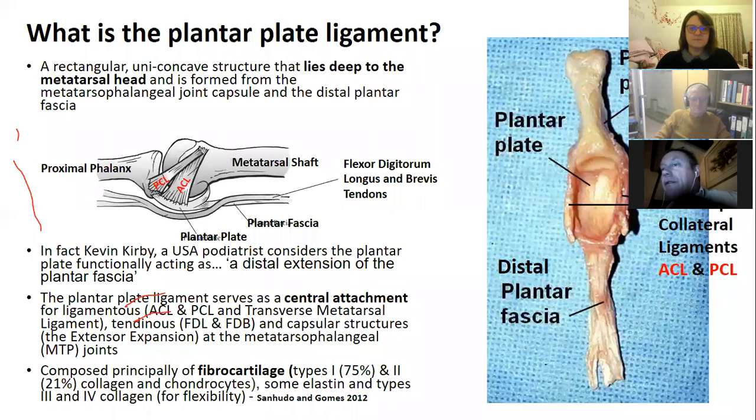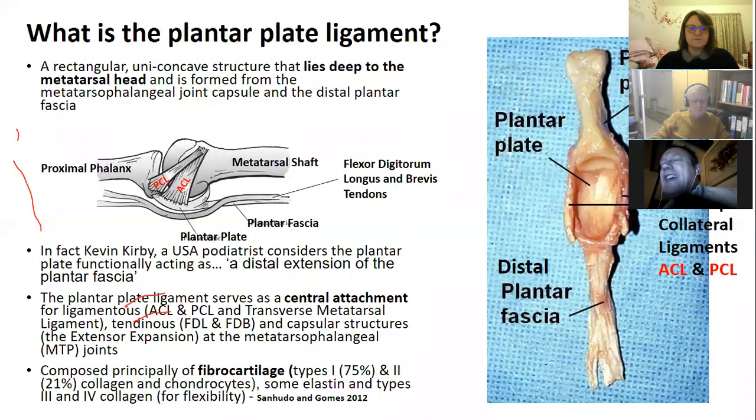It's made of fibrocartilage. Now, when you hear the name fibrocartilage, everybody please think instantly compressive pressure, compression. As soon as you hear that name, fibrocartilage, think compressive pressure, because where there's compressive pressure in the body, there's always fibrocartilage, okay?